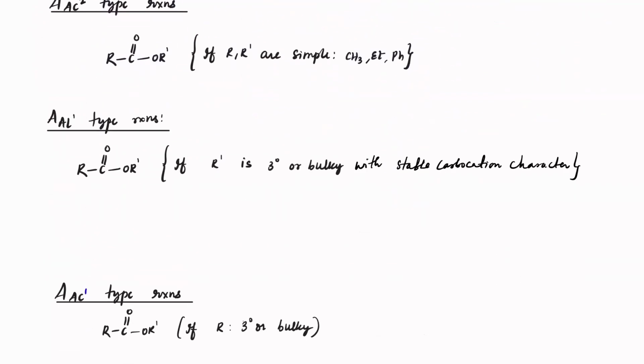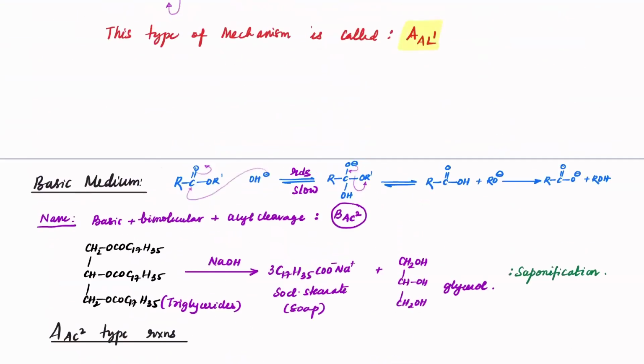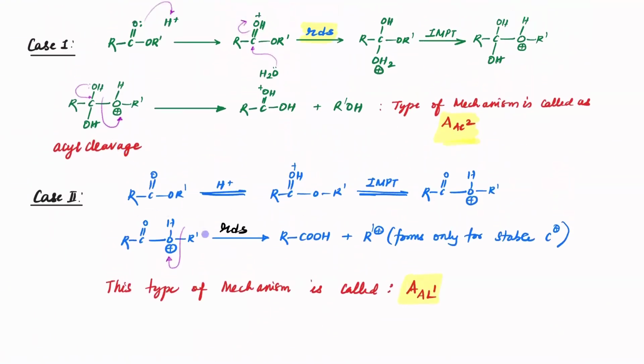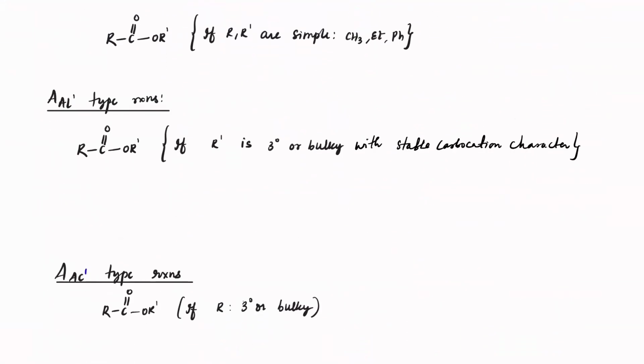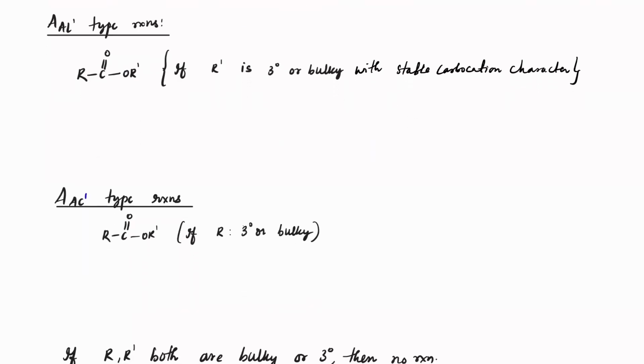Second, AAL1, the second case which we saw, is observed when this R dash is bulkier, so that it can become a stable carbocation. In case it becomes a stable carbocation, then this mechanism must be employed.